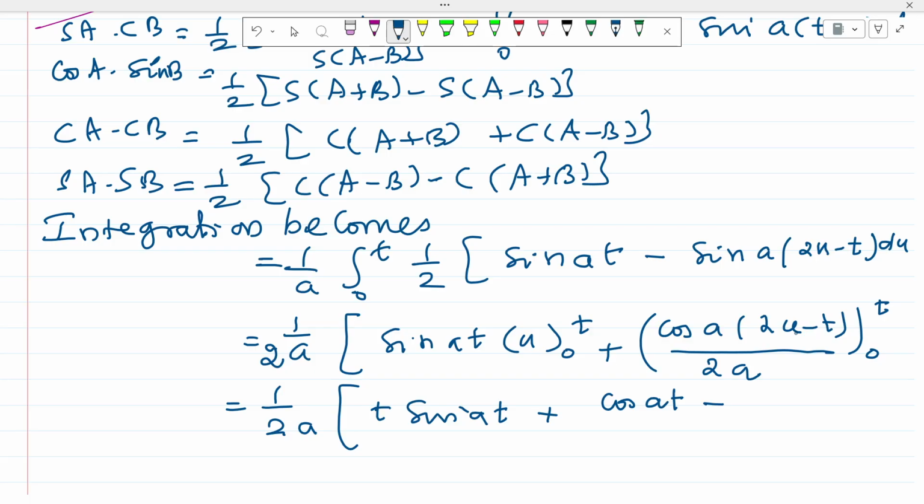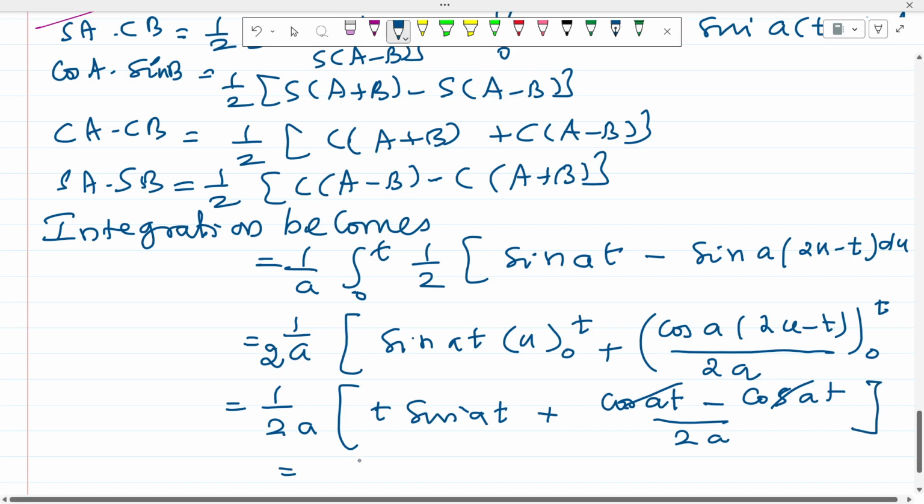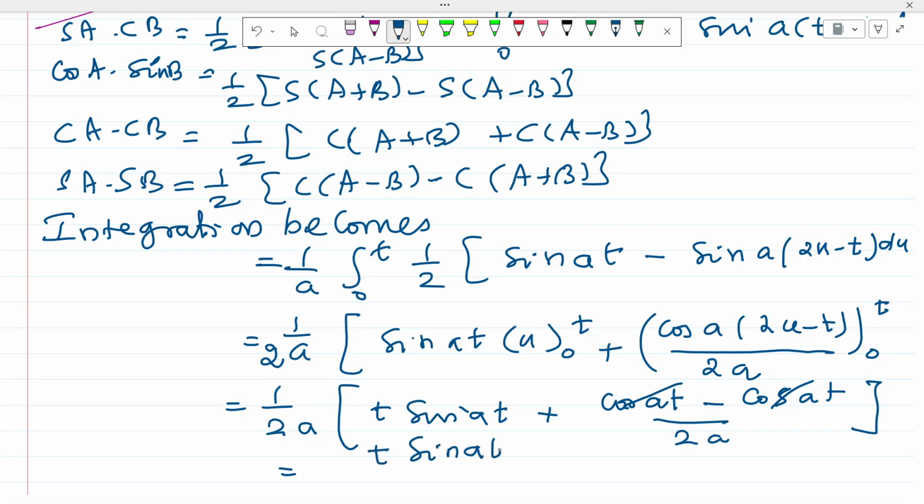What do you get? Cos of minus at. Cos of minus theta is cos theta only. So cos at once again, divided by 2a. So cos at gets cancelled. What is the answer for this? T sin at divided by 2a.